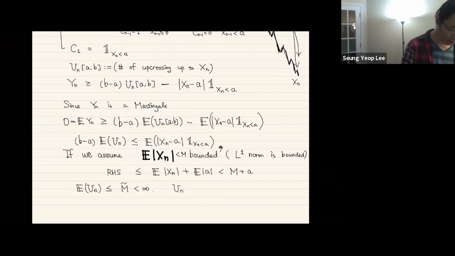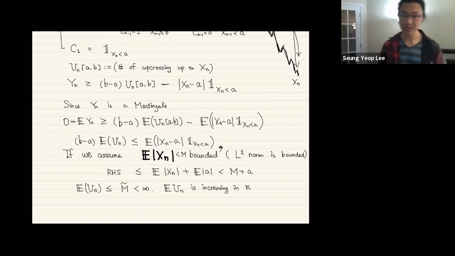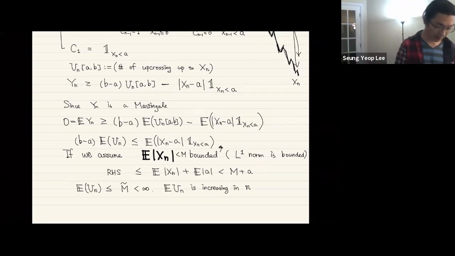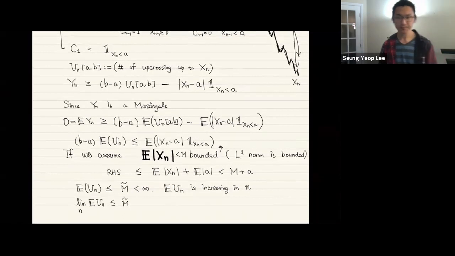And Un is of course only increasing in n, right? The expectation of Un is also only increasing in n, it cannot decrease, which means the limit is also bounded.